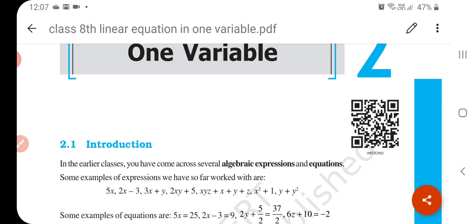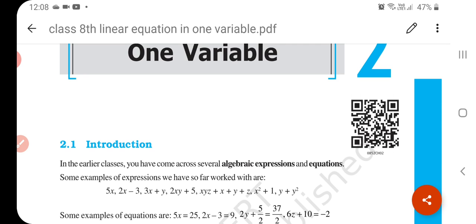In an equation, there are three things: one is LHS, another one is RHS, and in between them there is an equal to sign, which means they are equally divided into two parts, LHS and RHS.